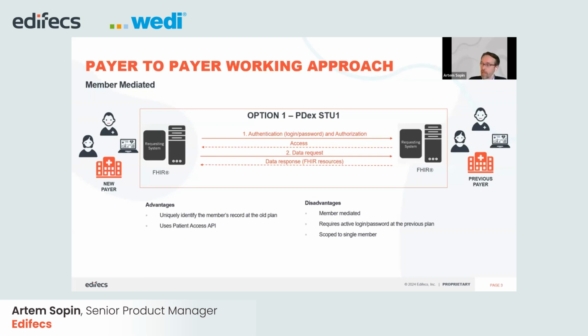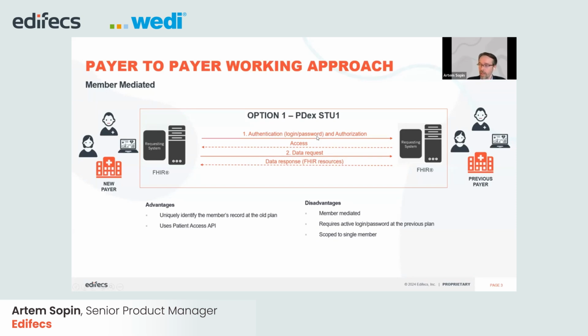If the member has his account at the old plan, we are basically reusing the patient access API. So if the member can still connect to the old plan, that means he can log into the old plan and invoke the payer-to-payer operation. The key point here is that the account is still valid, the member authorizes this access, and the data can be grabbed. So that's really easy.